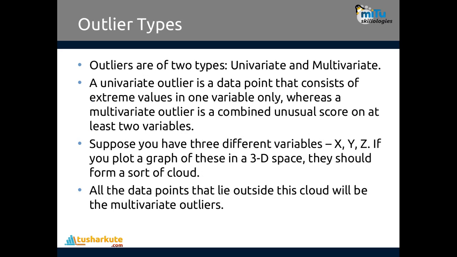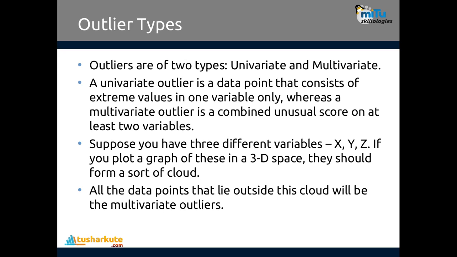There are two types of outliers: univariate outliers and multivariate outliers. A univariate outlier is a data point that consists of extreme values in one variable only. Whereas a multivariate outlier is a combined unusual score in at least two variables, or more than that also.